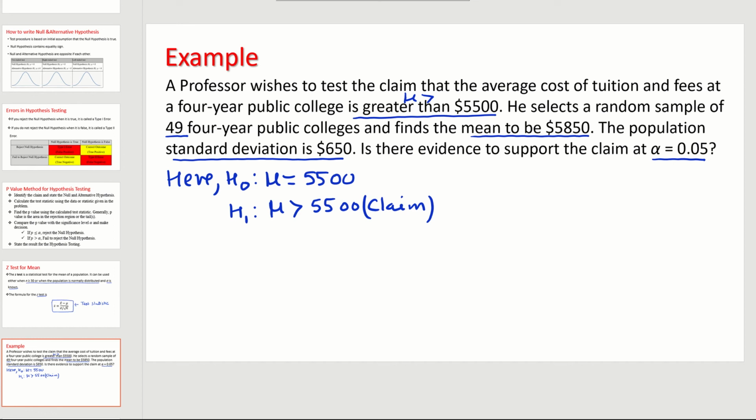Now, if you remember the steps for the P-value method in solving the hypothesis test problem, the first thing is to set the null and the alternate hypothesis. That's our first step.